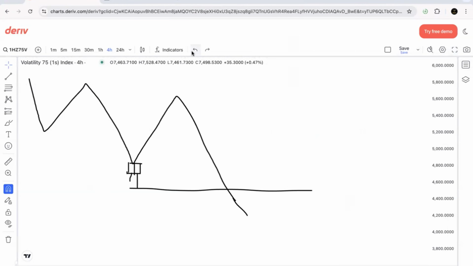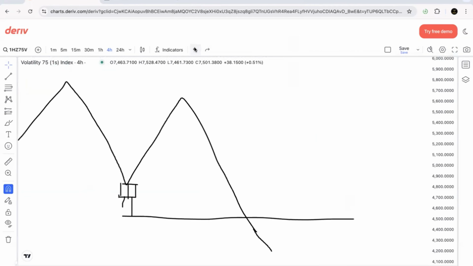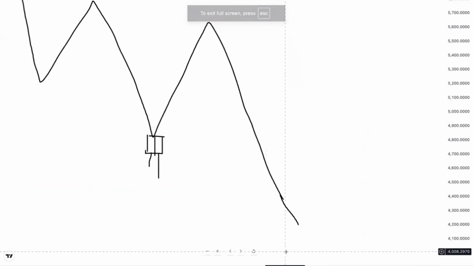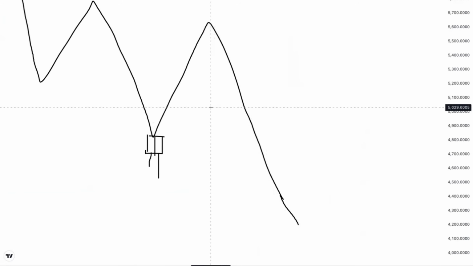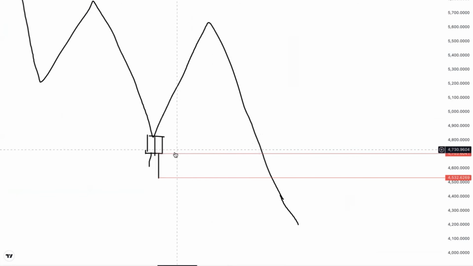So what you're going to do is, let's say price has come to break our main structure right here. We usually place our first line at the beginning of this candle wick right here. That's our first line, and our second line at the beginning of this candle body right here.